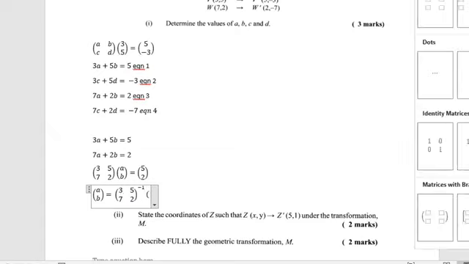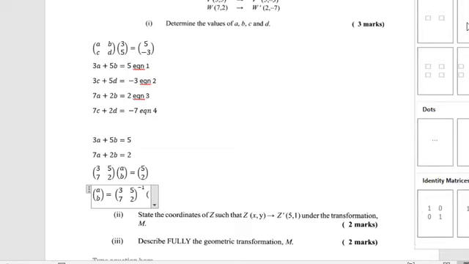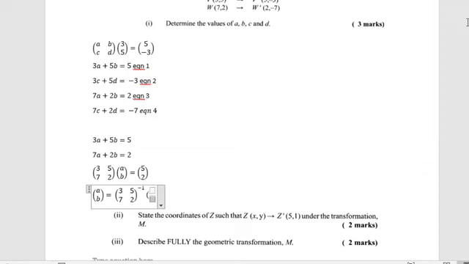So basically you'll see how we work that out in the end, and this is 5 and 2.